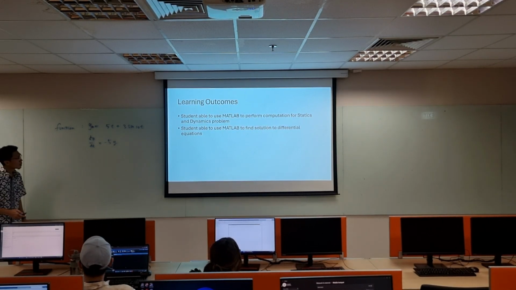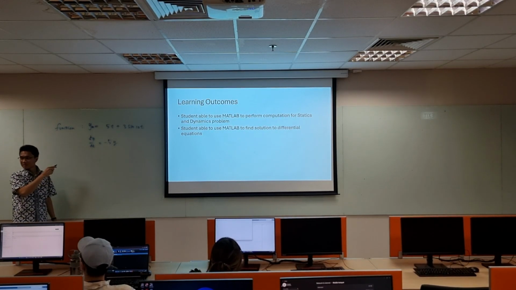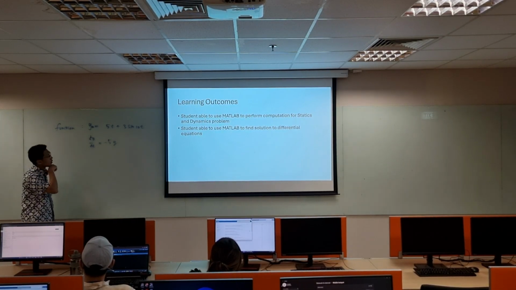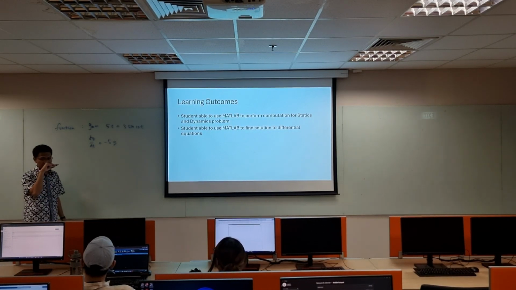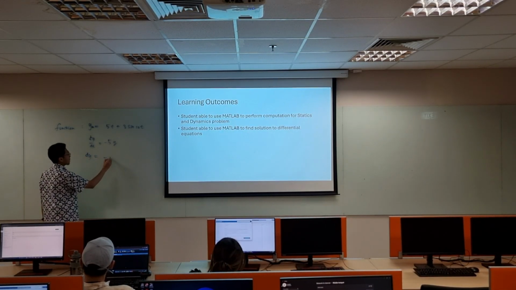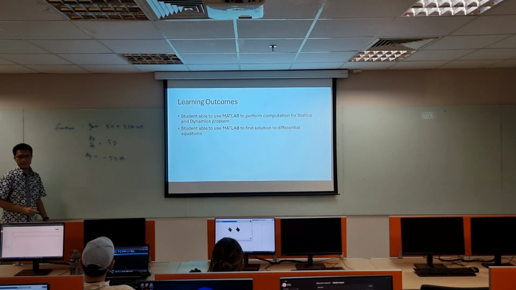Move what? Y to the left side. This is already on the left. I mean, dy paired with minus 5y, and the dt goes to the other side. Why don't you write down dy is equal to minus 5y dt? Different terms, different variables.